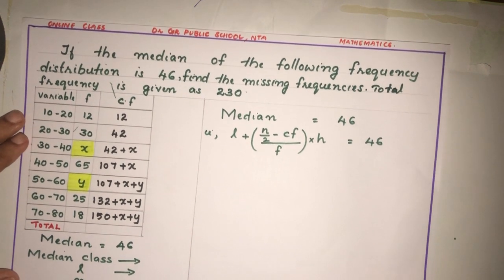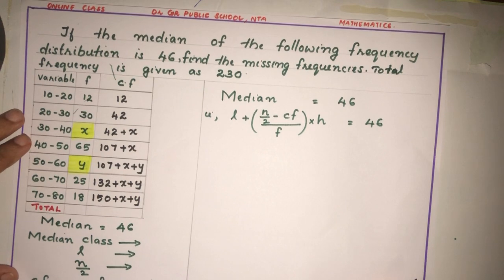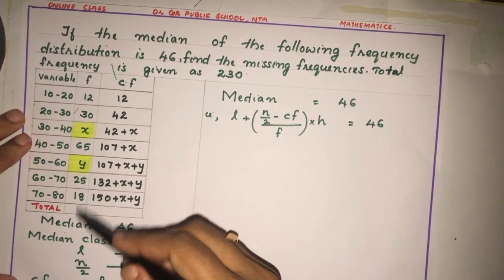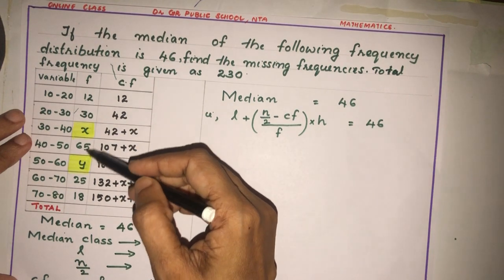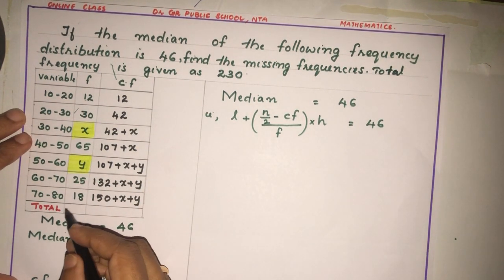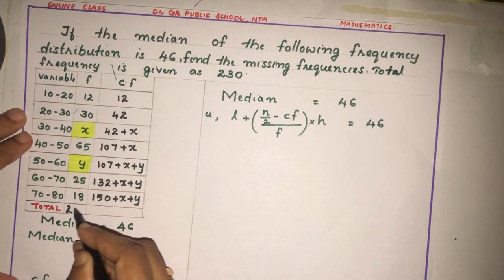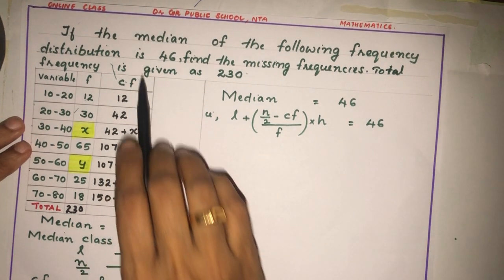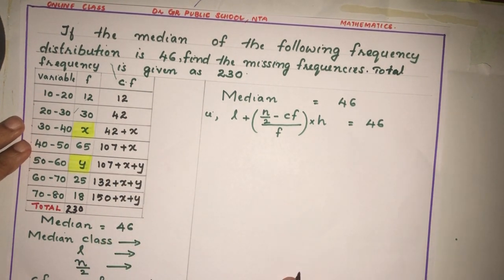And here one more data is given. The total frequency is given as 230. That is given in the question itself. Total frequency is 230. Okay children? And median is given as 46.